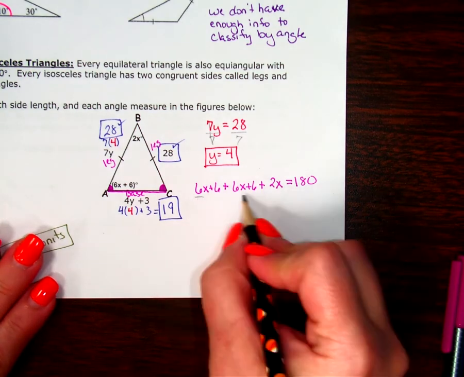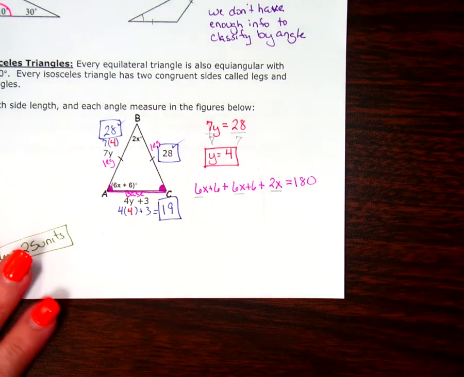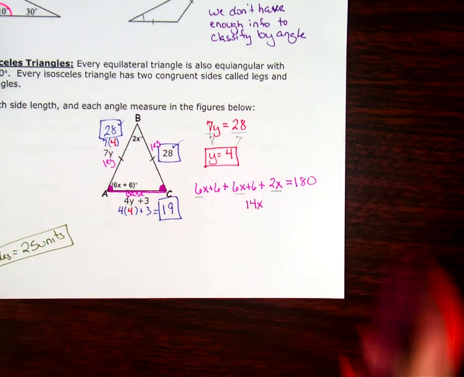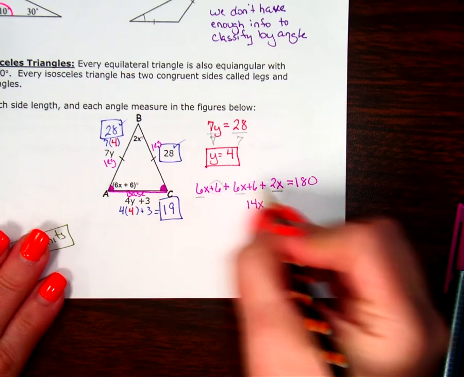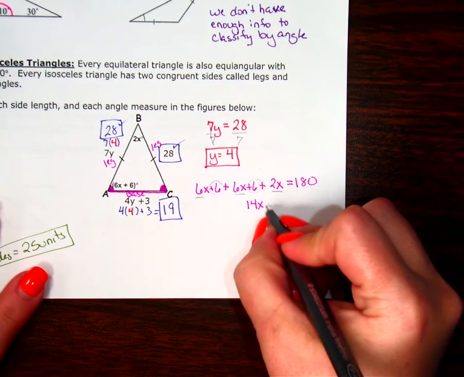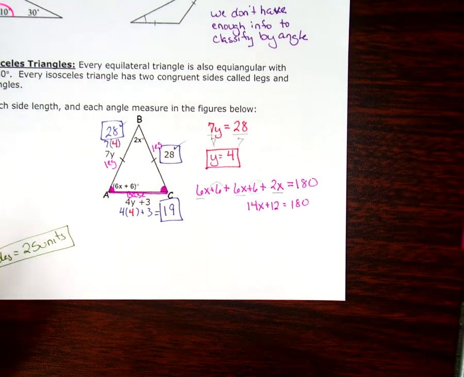All right, so then I'm going to combine my like terms: 6x plus 6x plus 2x is 14x. And then I'm going to combine my constant numbers, 6 and 6, which is 12, equals 180.